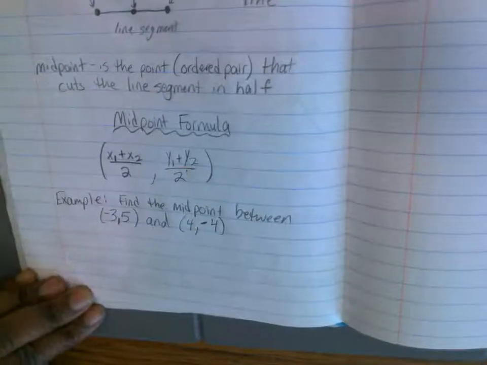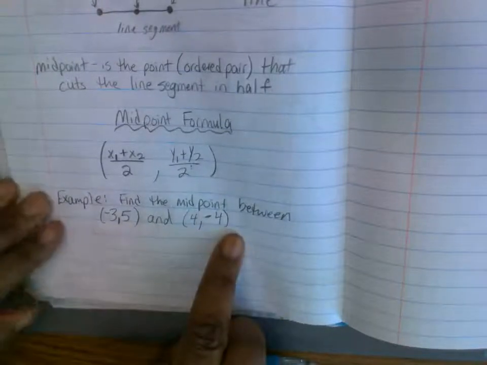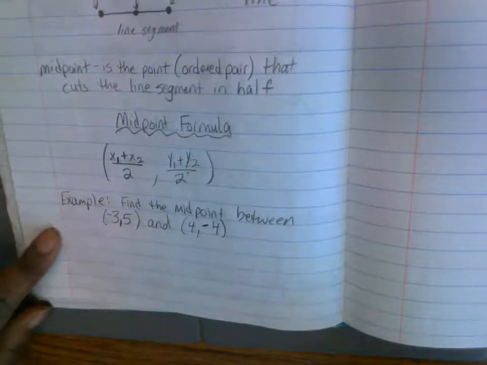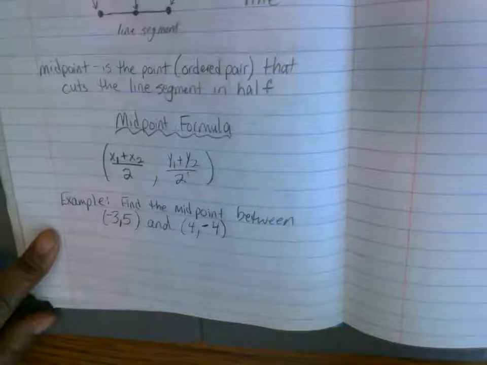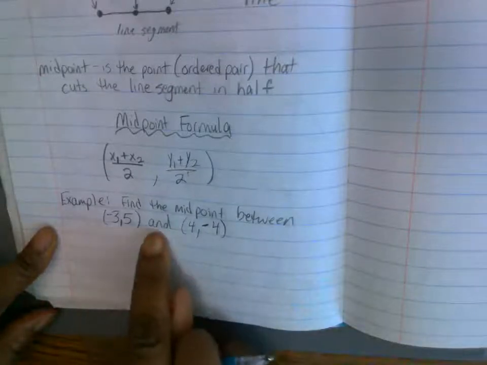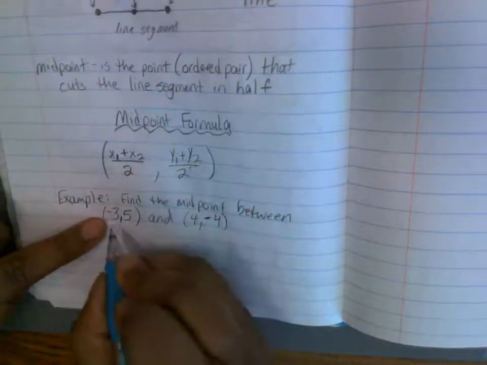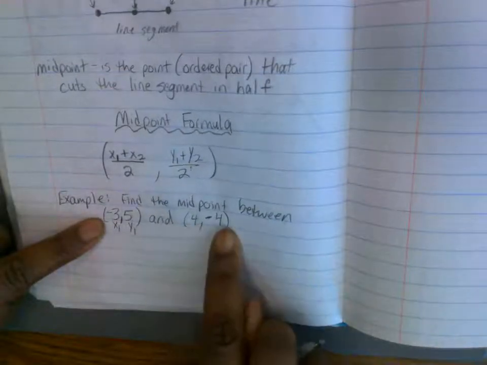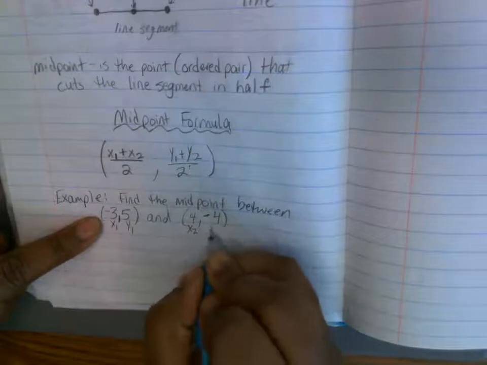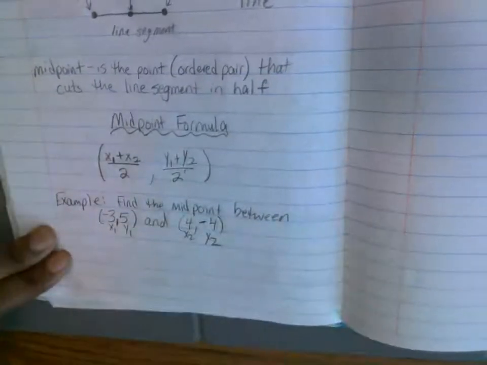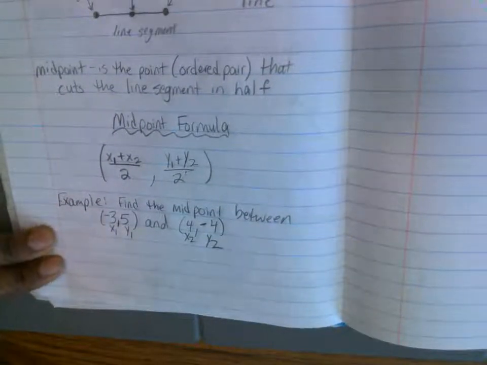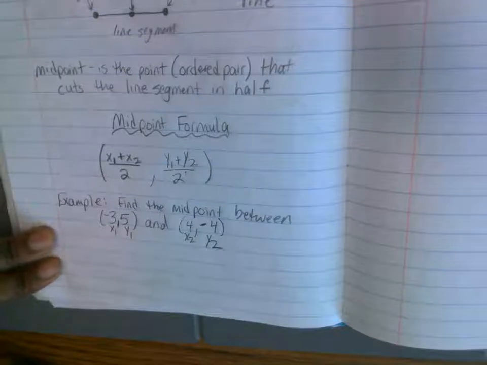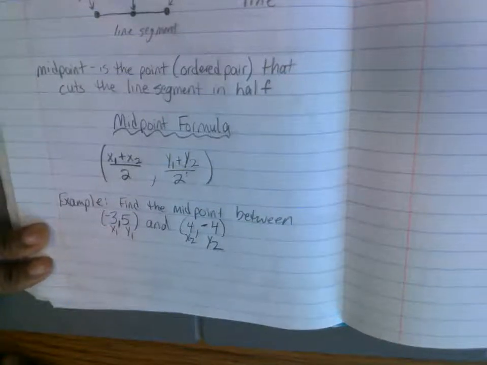These are our two endpoints, and we're finding the point that's in the middle. First things first, label. This is our first point, x1, y1, and our second point, x2, y2. Any questions so far? I'll pause for the calls to give you a chance to write and think.